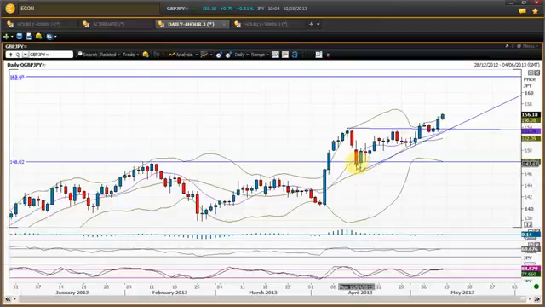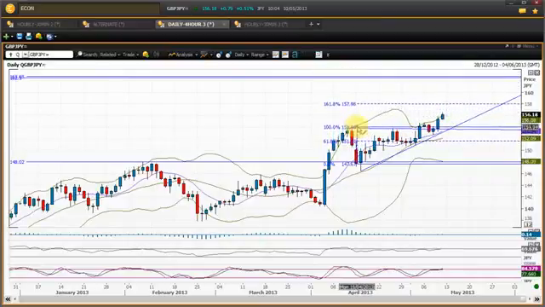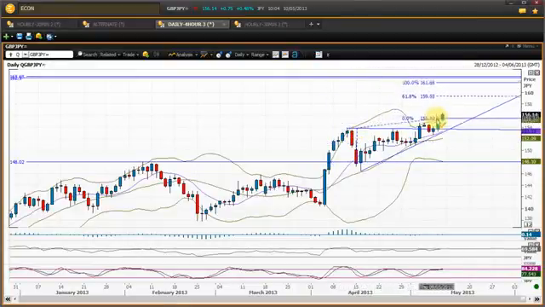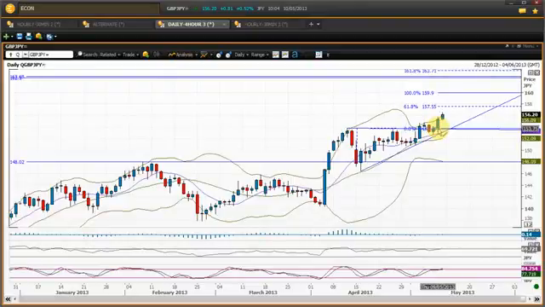So I'm going to take a target from here up to the height of the triangle, which is pretty much 153.80, and then move it across to the breakout level which we saw yesterday, and you can see that the 100% projected target there is also pretty much 160 the figure. So should the uptrend continue, you've got a 100% measured target of 160 the figure now on sterling yen.